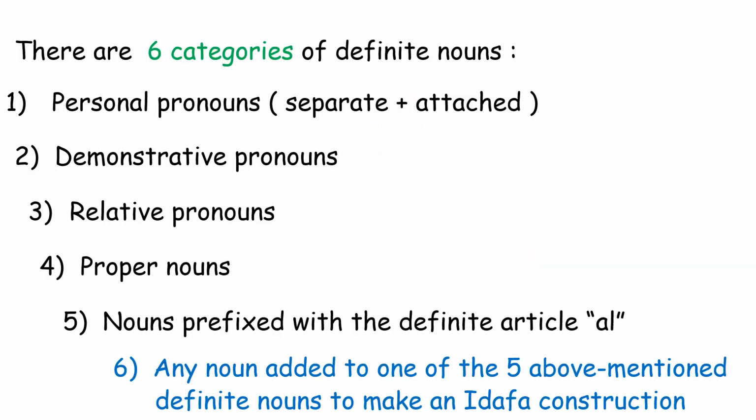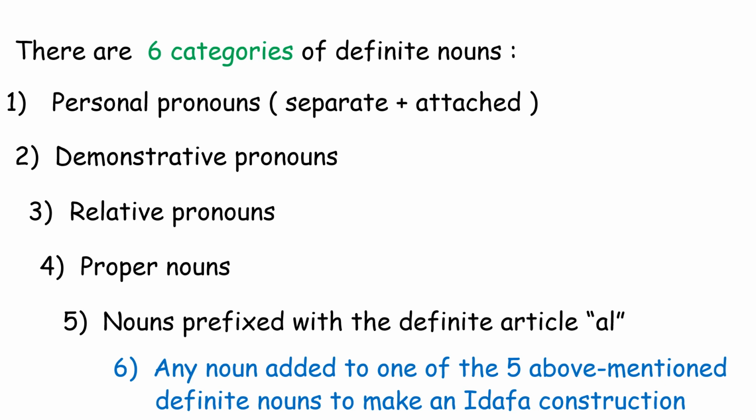Right. As previously stated, there are 6 types of definite nouns in the Arabic language: personal pronouns, demonstrative pronouns, relative pronouns, proper nouns, nouns defined with a definite article al, and last but not least, any noun added to one of the just mentioned definite nouns to make an إضافة construction.